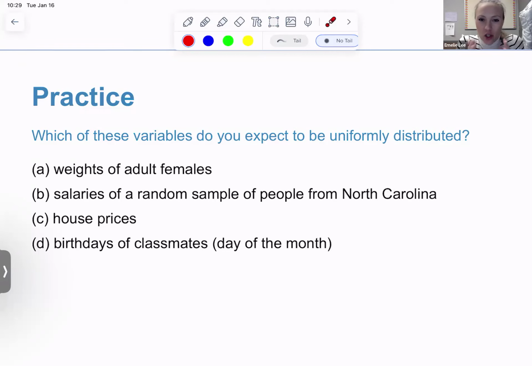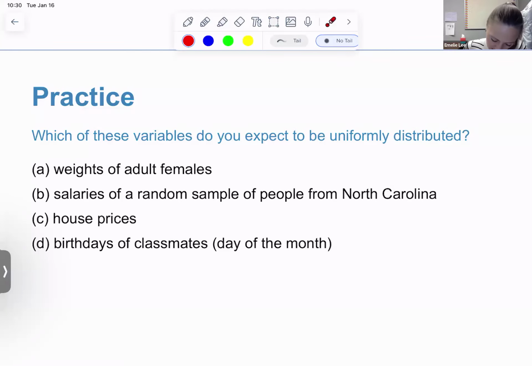Just as a general rule, anything involving money is usually skewed, and it's usually skewed to the right. If you think about salaries, most people make a small amount, and then there are very few people who make a high amount. So in general, money is skewed to the right.